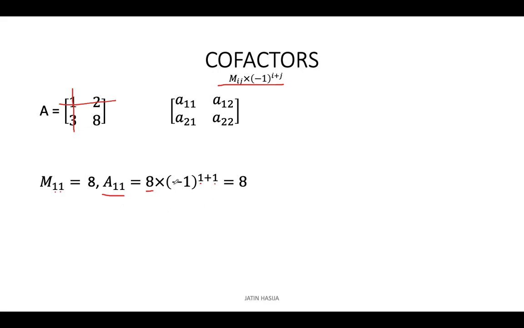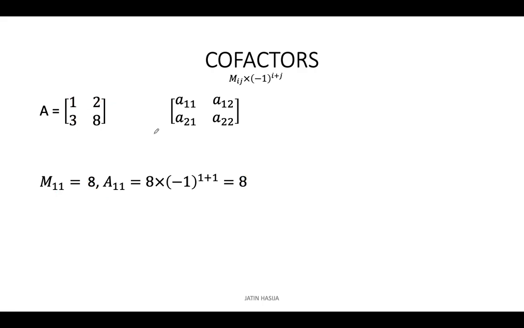Solve it, we will get minus 1 to the power of 2, which will give you 1. 1 into 8 will give you 8. Therefore, minor for this particular element is this, and cofactor for this element is this. I hope it is clear. I hope that you all are getting what I am trying to say.